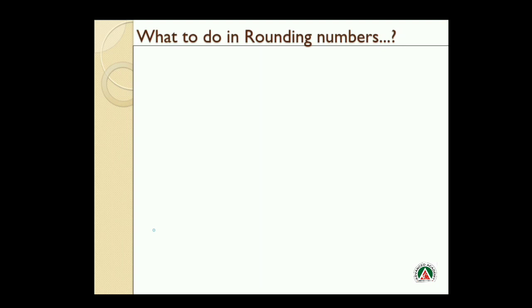So first, let us suppose we want to round off any number to the nearest 10. Okay, so we will write the first number: tens place value, ones place value, and in the tens place value 1 is there and in the ones place value 0 is there. So if we round any number to the nearest 10, I'm telling you one tip also.